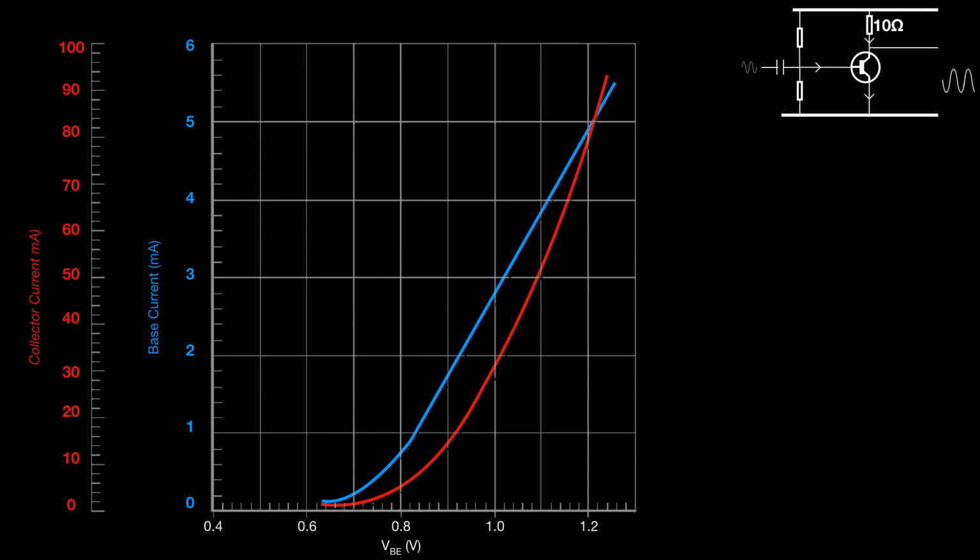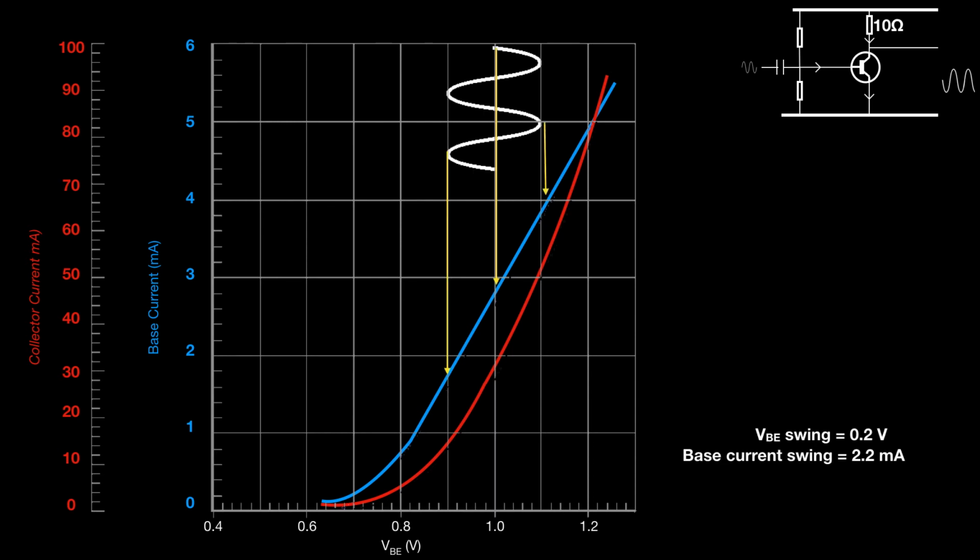If we apply the input signal to that graph, there at the top of the screen, we see a signal swinging between 0.9 of a volt and 1.1 volt. In other words, a swing of 0.2 volts on the input. And that will be driving a base current, if we look along horizontally, of approximately 1.8 milliamps up to about 4 milliamps.